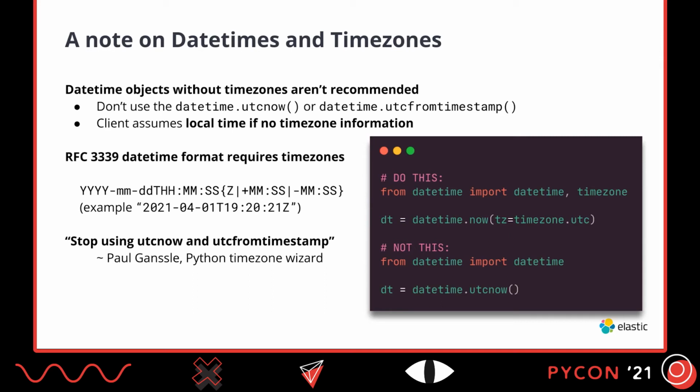From RFC 3339, the recommendation is that a datetime without a time zone should be assumed to be in the local time zone. And this is exactly what the AppSearch client does, which works great in almost all cases, but this means that you're going to be getting bad values if you use the functions utcnow or utcfromtimestamp with the AppSearch client. I highly recommend checking out Python dateutil if you're working with datetimes in Python.